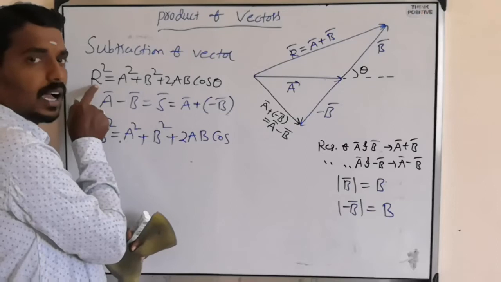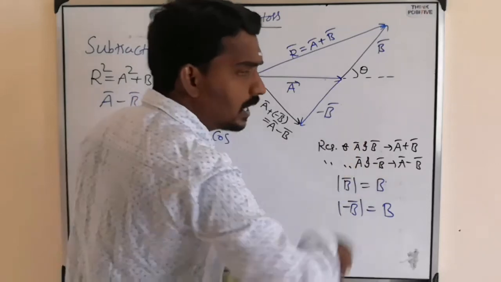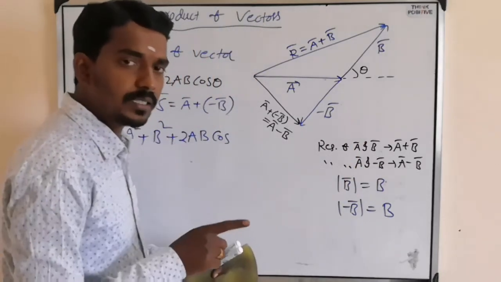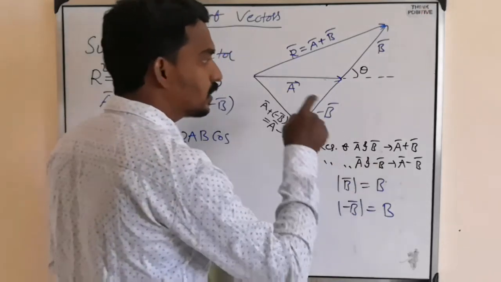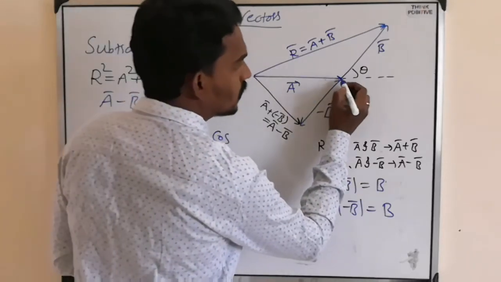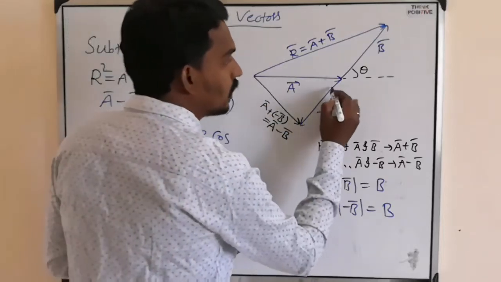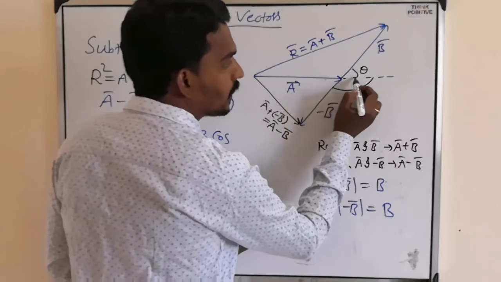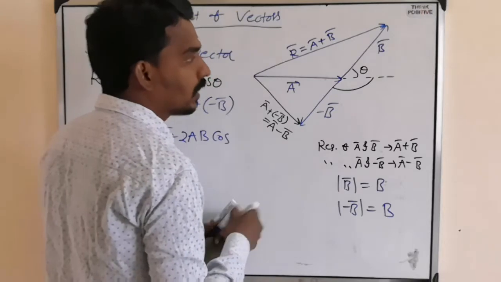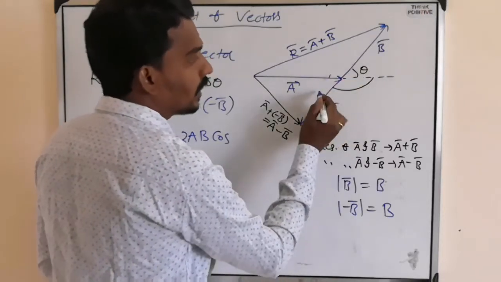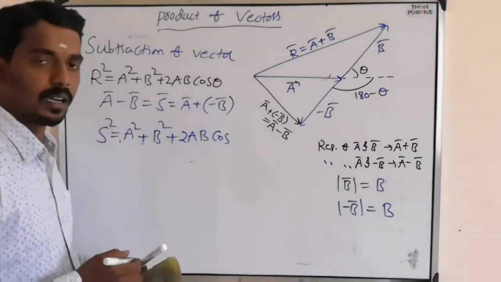The angle between A bar and B bar. Because here this is the resultant of A bar and B bar, but here this is the resultant of A bar and minus B bar. Then which angle you should consider? The angle between A bar and minus B bar. Now if you consider, this is A bar direction, but this is minus B bar direction, then this will become the angle between A bar and minus B bar. So what is the angle? This total is 180. This is theta. So this will become 180 minus theta.